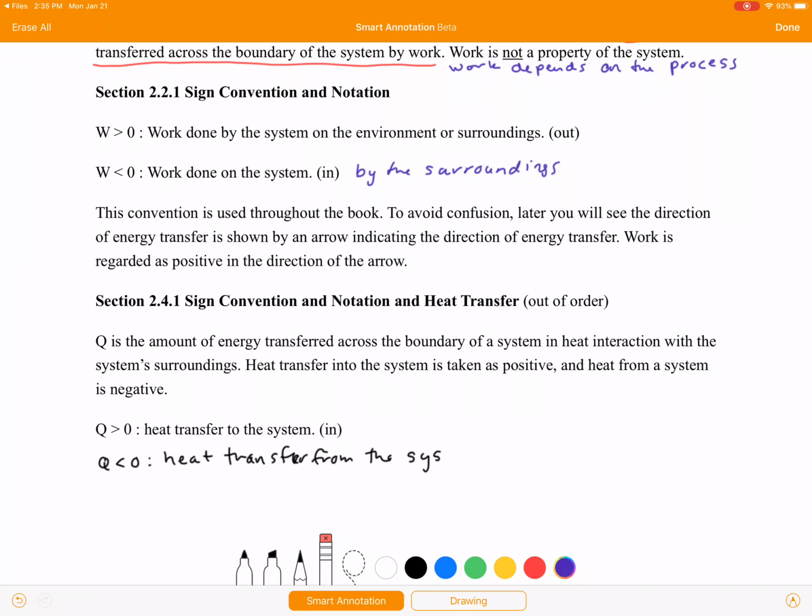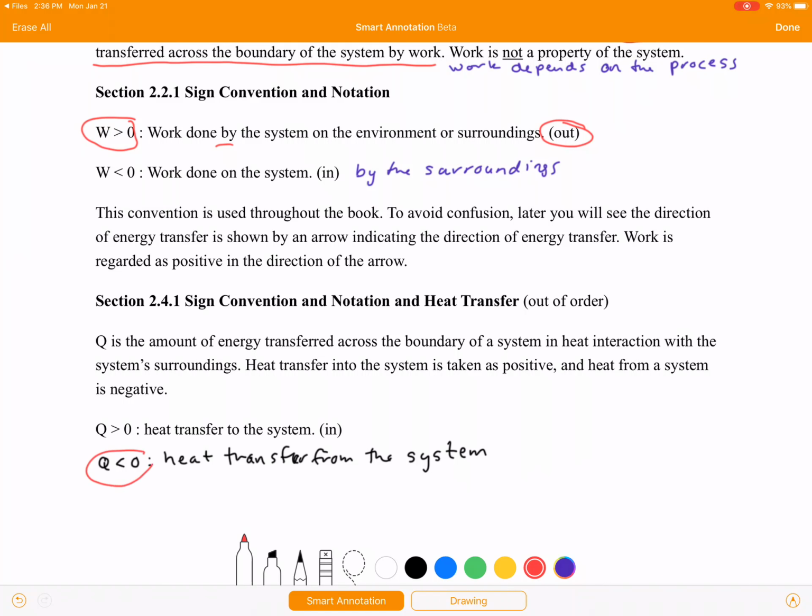Heat transfer from the system. So if you look here, we have work greater than 0 is by the system, or out, and the opposite here.